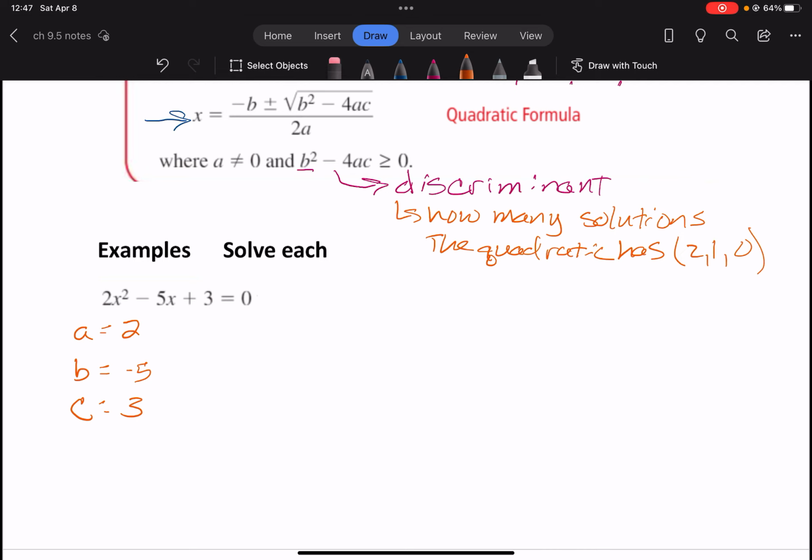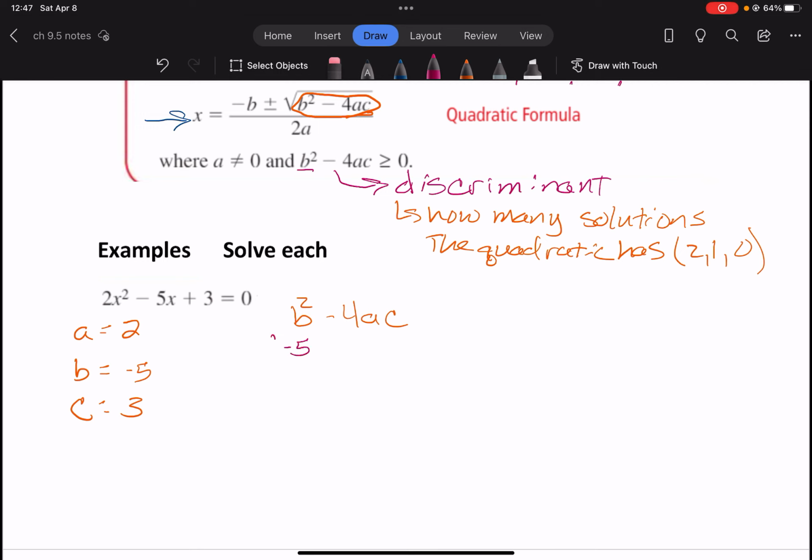So let's go ahead and do that. I want to look at b squared minus 4ac. I'm solving the part that I need to do first. So I'll put negative 5 in for b.